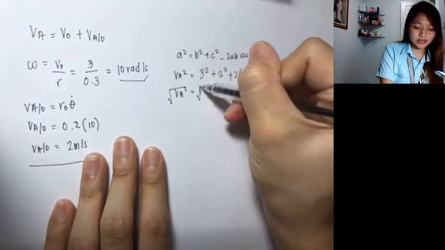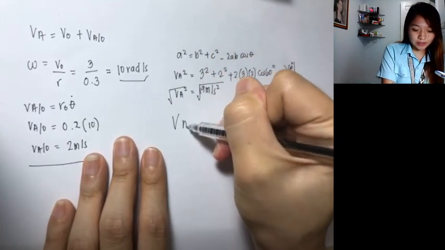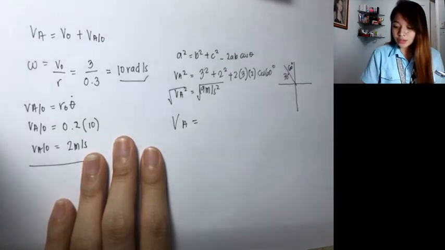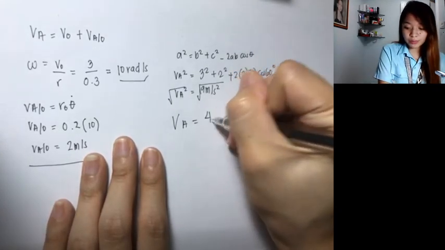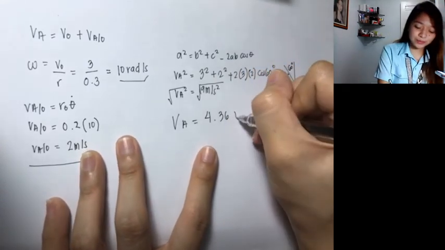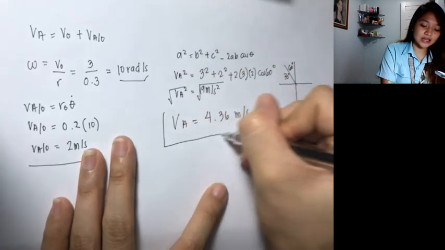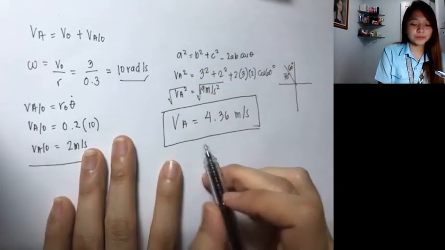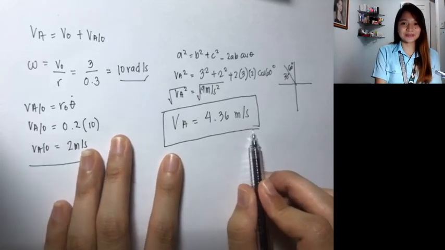So V sub A is equal to the square root of 19, which is 4.36 meters per second to two decimal places. That is the answer for this question, the velocity at point A, which is 4.36 meters per second.